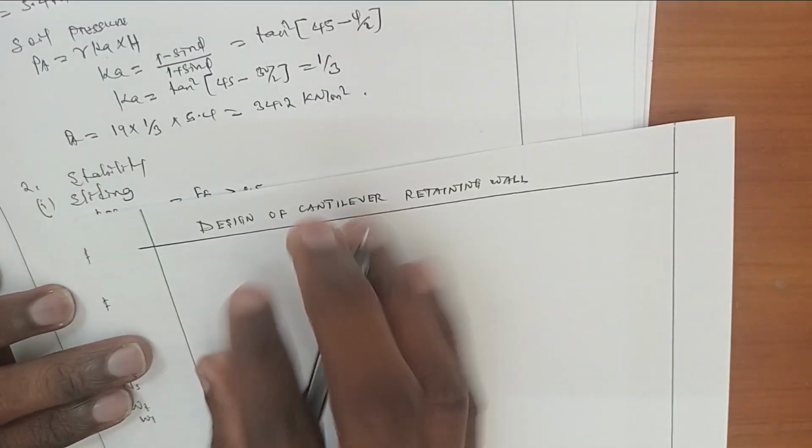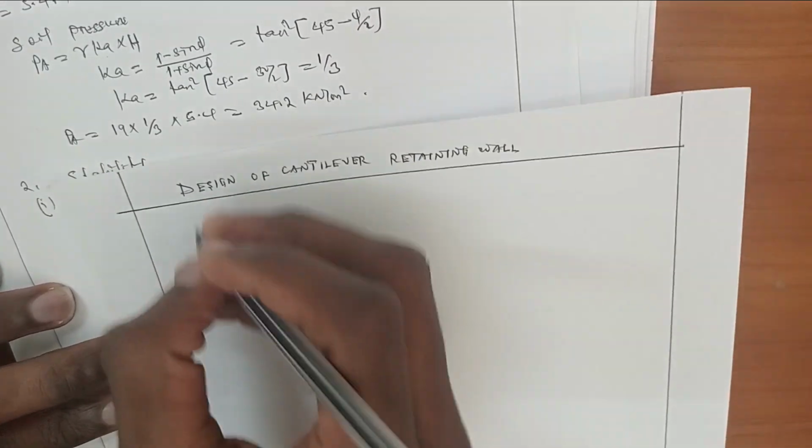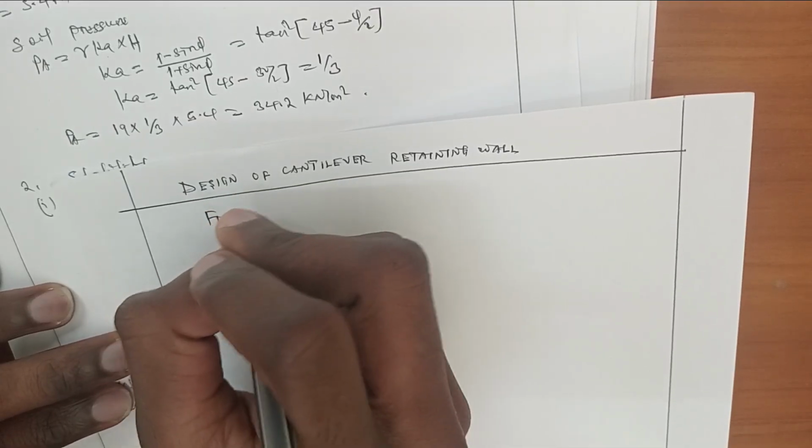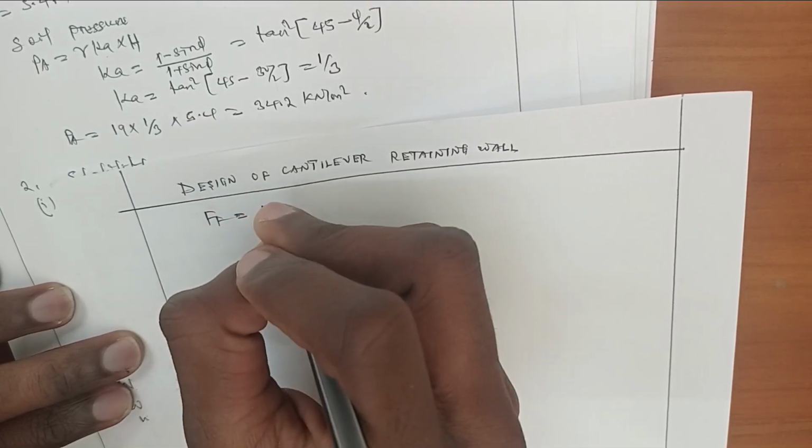Now let's determine the friction force. As before, the friction force is obtained by taking the coefficient of friction times the total weight.